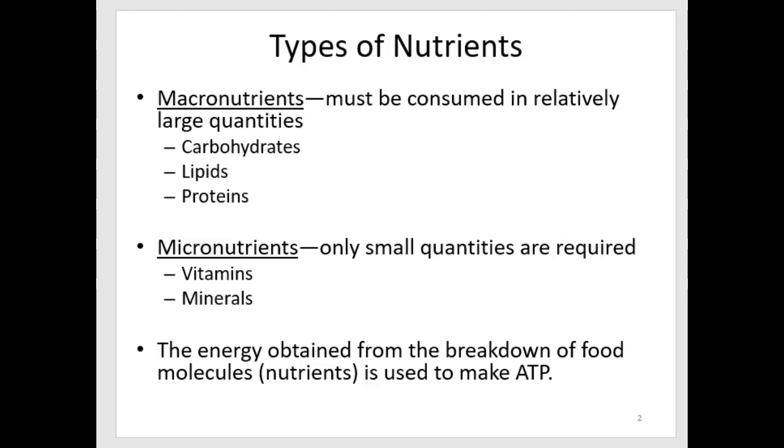These micronutrients include vitamins and minerals. When we consume vitamins and minerals, we don't usually break them apart and use the energy produced by breaking them apart. Instead, they usually function as coenzymes to help a chemical reaction take place. So, in summary, the energy obtained from the breakdown of food molecules, nutrients, is used to make ATP.